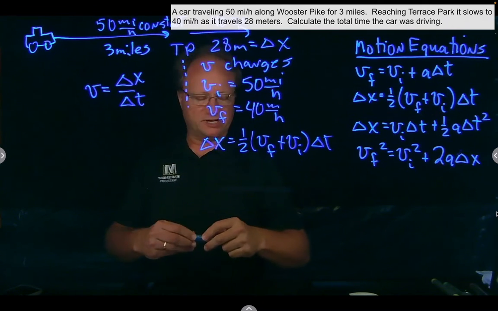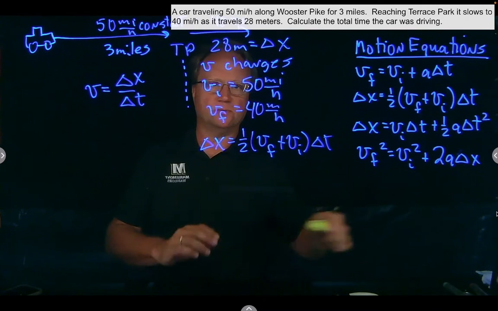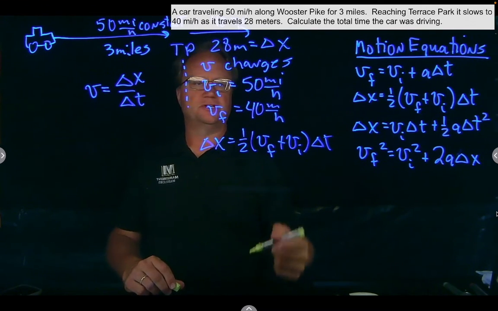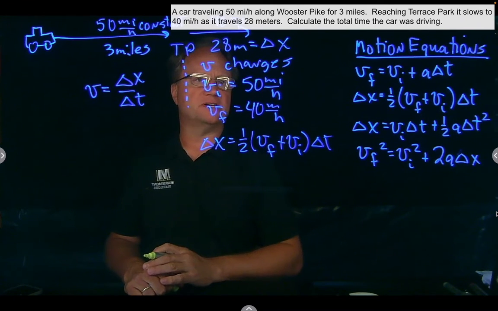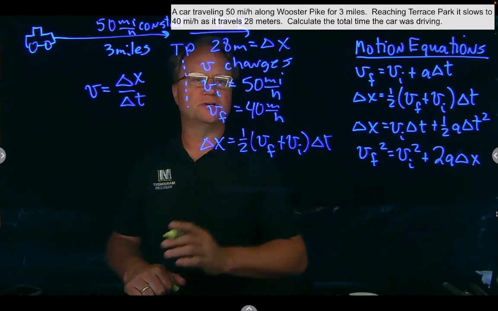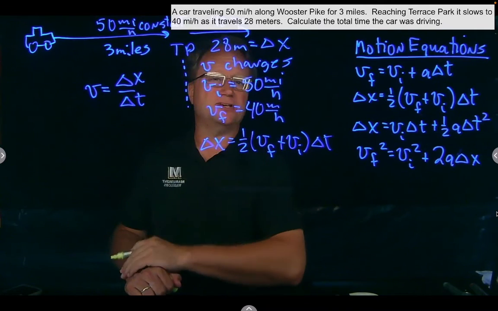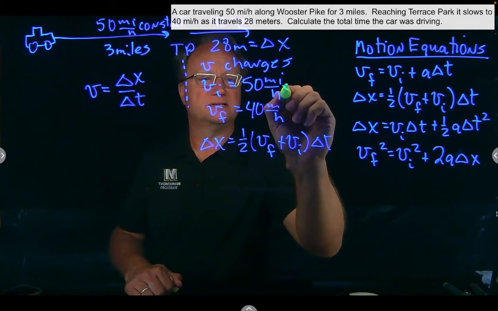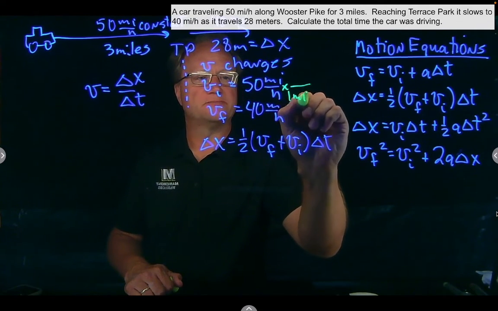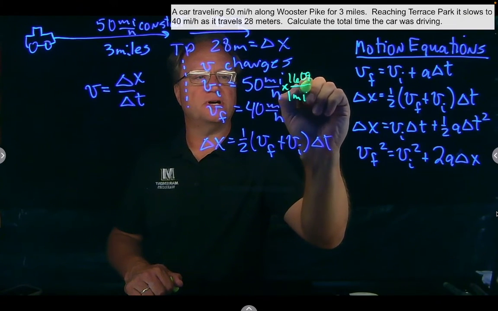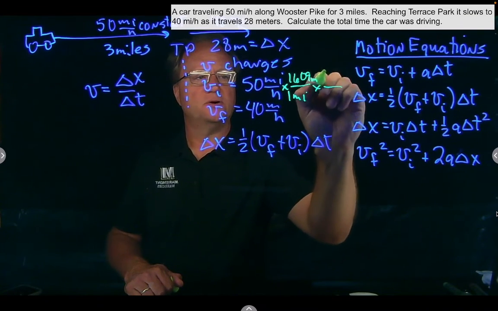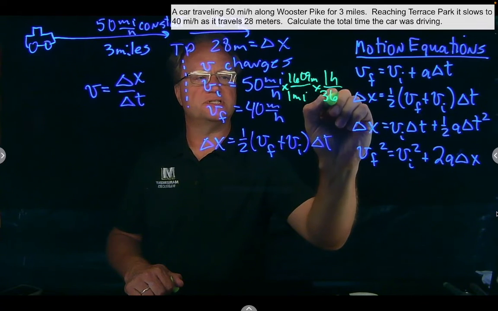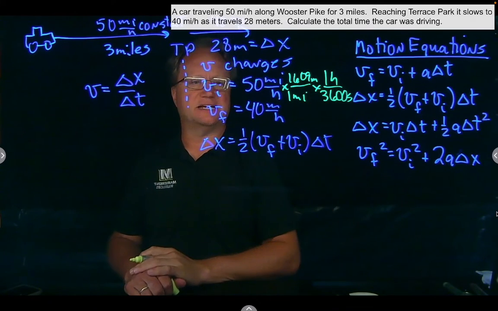Now, before we can plug anything in, we're going to need to do some conversions. Our 50 miles an hour and 40 miles an hour are going to need to convert over. Remember 1609 meters in a mile. So 1 mile, 1609 meters. 1 hour, 3600 seconds.